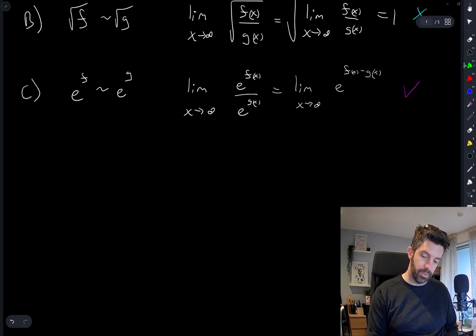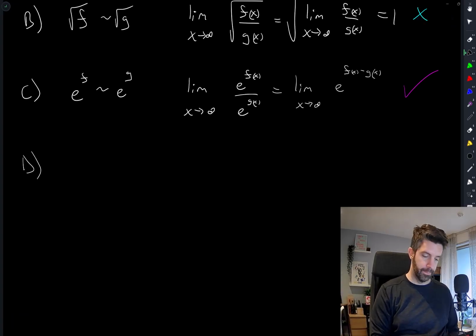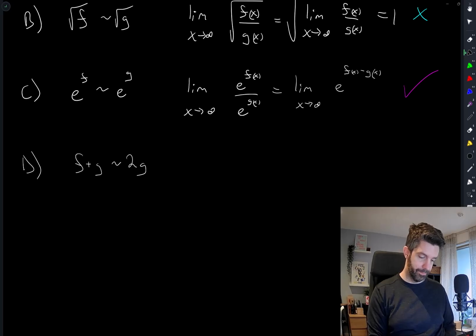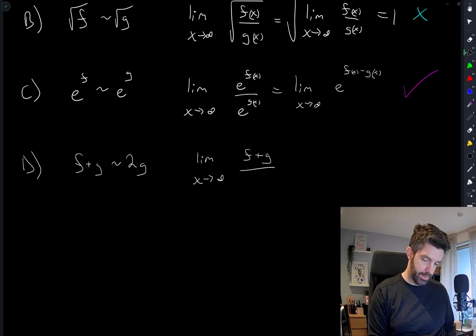This is almost certainly going to be the answer that we want, but let's just go ahead and look at the other options as well. So verifying f plus g equivalent to 2g, this will be true. If we just want to compute the limit as x approaches infinity of f plus g divided by 2g, well, this is the limit of f over 2g plus the limit of g over 2g.